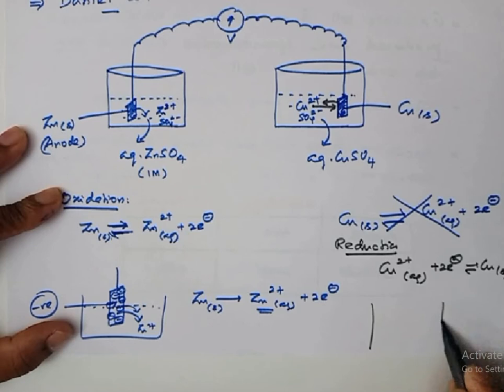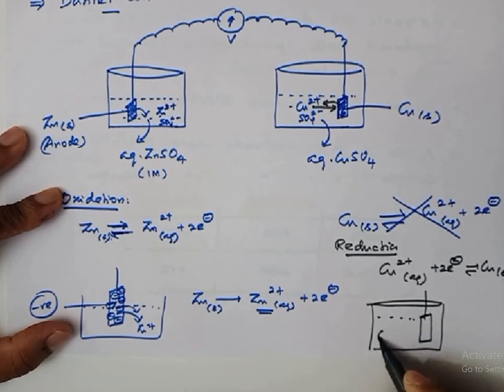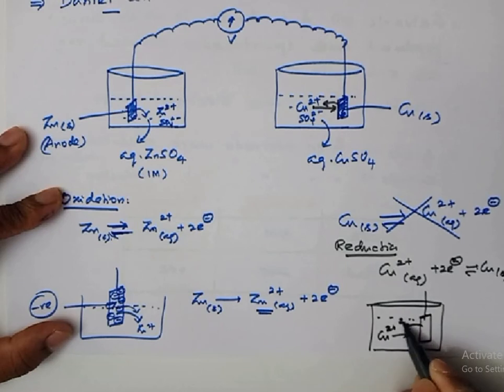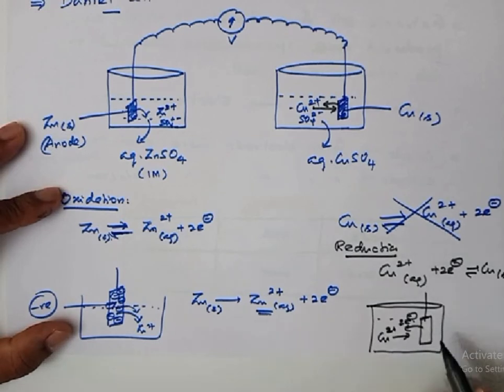Let me draw and show you here. See what is happening. In this electrode, we have copper atoms or a copper metal rod and the solution containing cupric ions. When a cupric ion approaches the electrode, what will happen? The cupric ion gains 2 electrons from the metal.